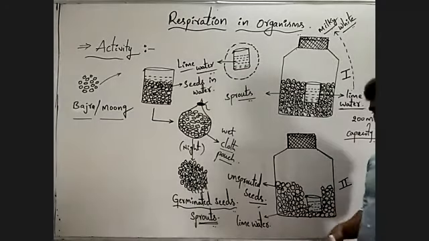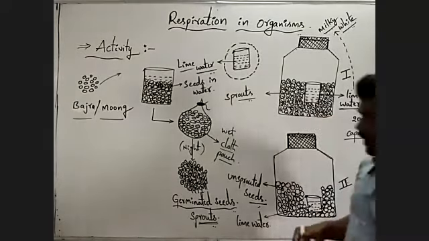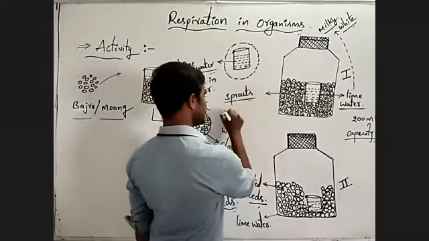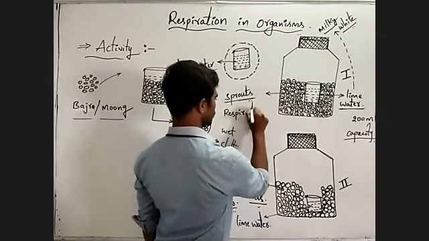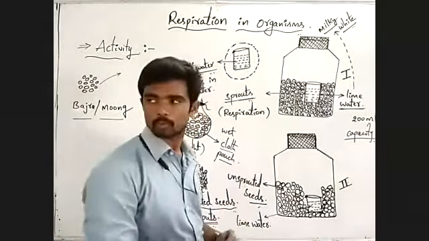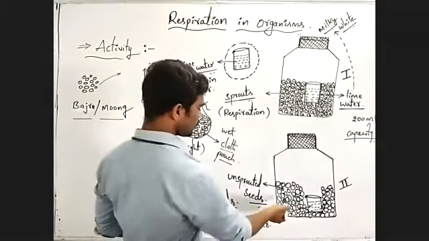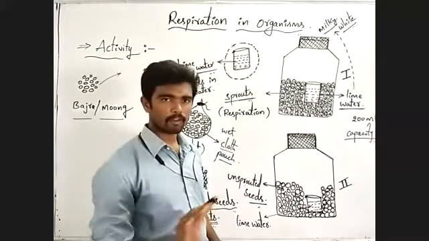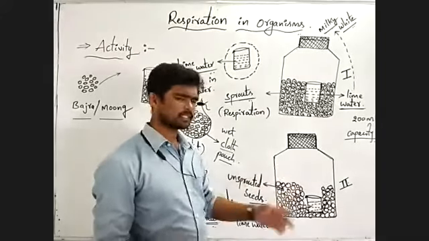Observe carefully. Here, sprouts are germinated seeds. They can perform the respiration process to live, to exist, to grow. But unsprouted seeds do not perform the respiration because they are dried seeds here.